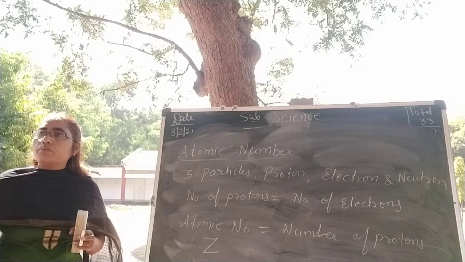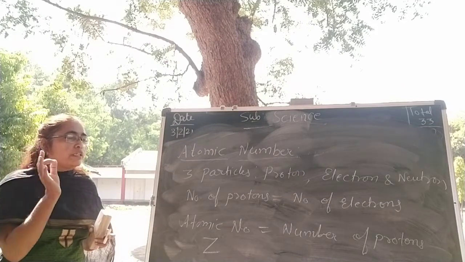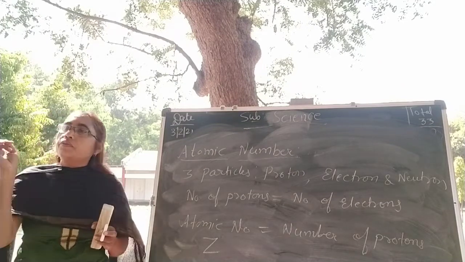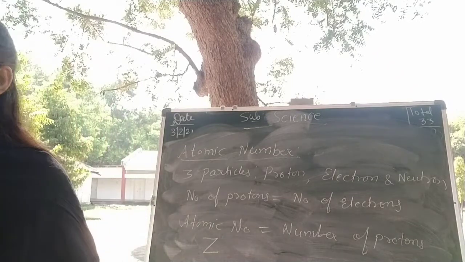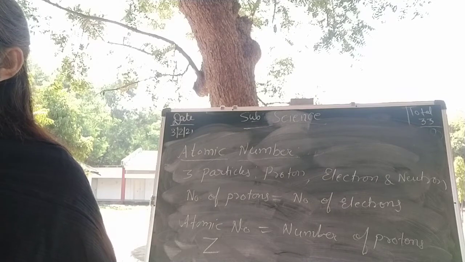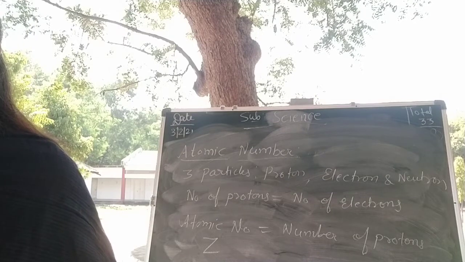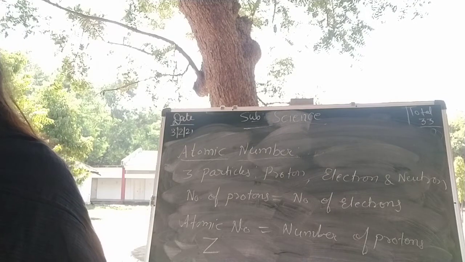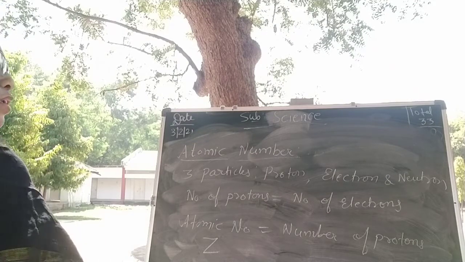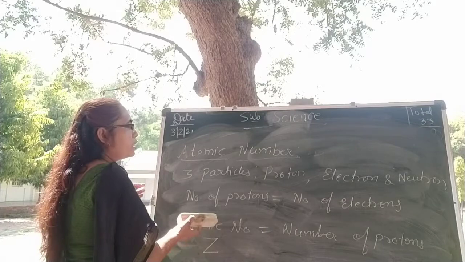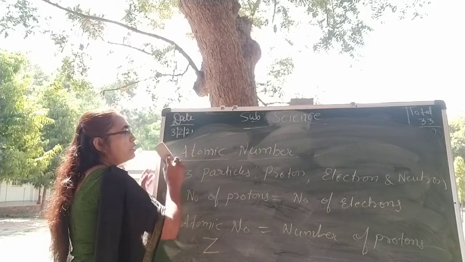If you know the number of protons, you are able to tell the atomic number, or if you know the atomic number, you are able to tell the number of protons. For example, atomic number is 6. How many protons? 6. Is it clear? So now we discuss the next term, the second term, that is the mass number.